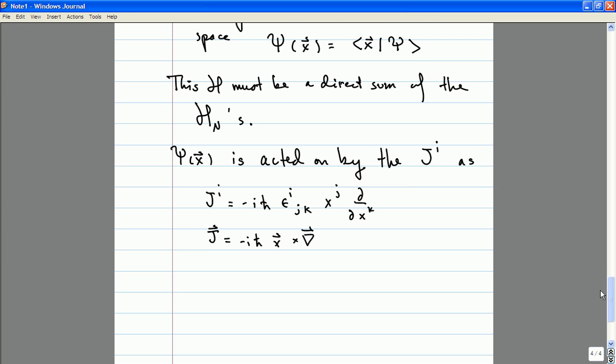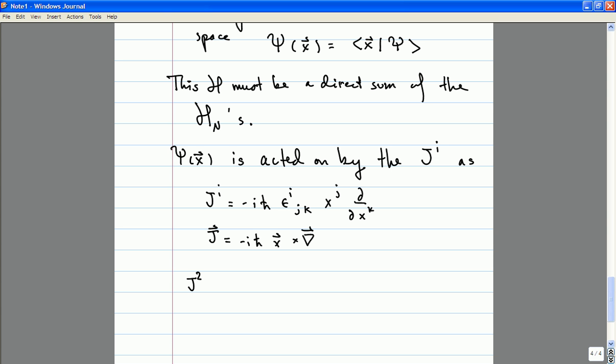So, one of the things that we have learned in this class over the last week or so is that these Hilbert spaces H sub n that describe a particle with a given spin, the spin S representation of the rotation algebra, are characterized by the fact that the Casimir J squared is a constant.